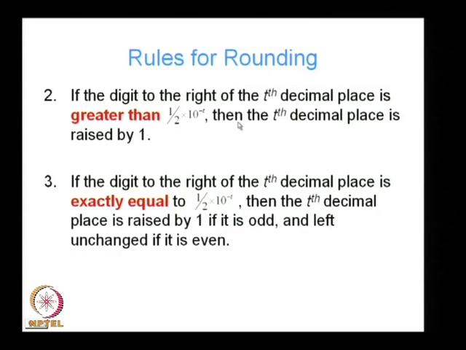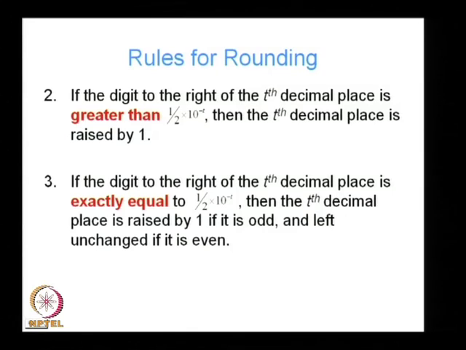However, if my number is, for instance, 0.3256, then we are going to store 0.3256 as 0.326, because the number to the right of the 3rd decimal place is 0.0006, which is greater than 0.0005, which is half into 10 to the power minus 3. Then because of that, we have raised our 3rd decimal place, we have changed 0.325 to 0.326.